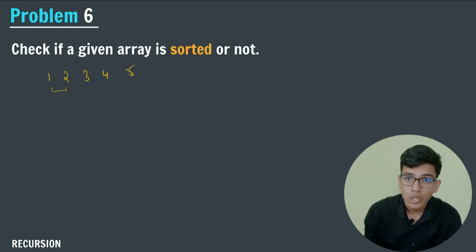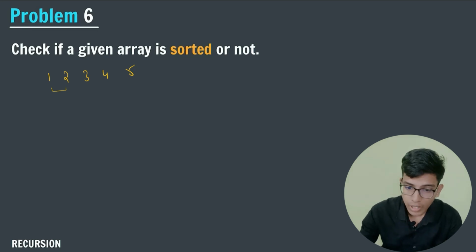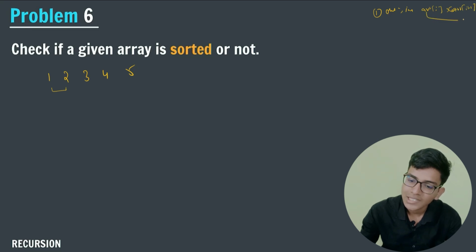In the iteration approach, we run a loop, and we compare if ARR of I is less than ARR of I plus 1. If this condition is true, then it is a sorted array. If not, then it is not a sorted array.